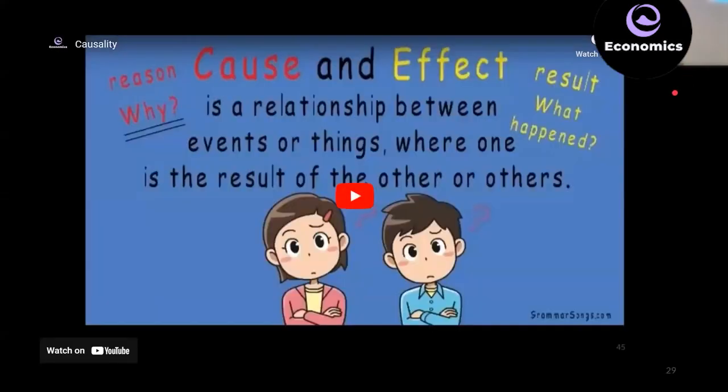So a causal relationship, cause and effect, is a relationship between events and things where one is the result of the other or others. Okay. I'm not sure we have time.